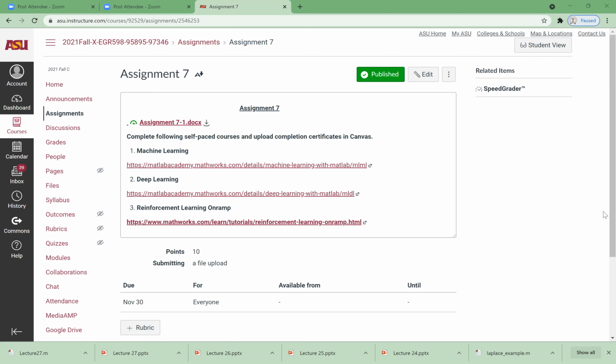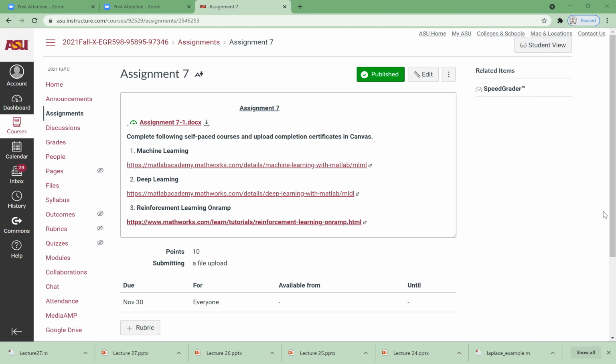I'm very sure that throughout the curriculum, you're going to take advanced classes in machine learning or vision, and at that time you can use this information to master the content and learn advanced topics.